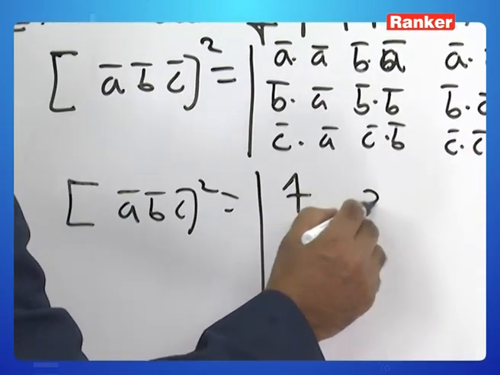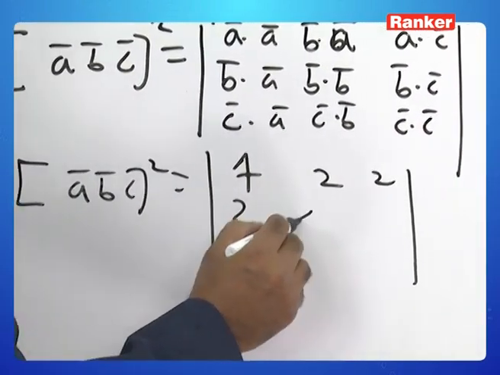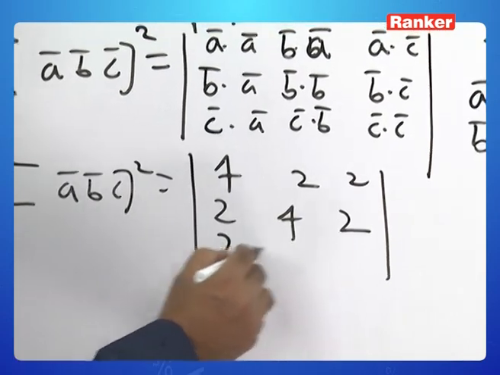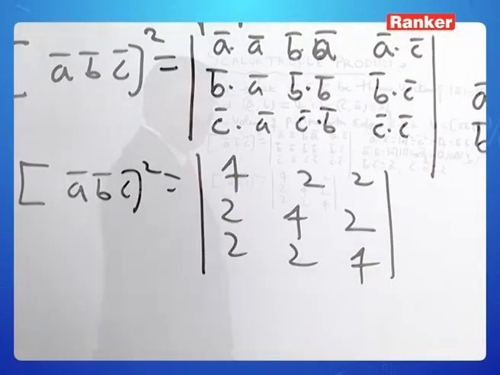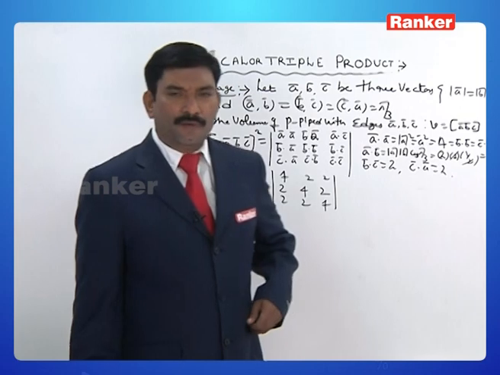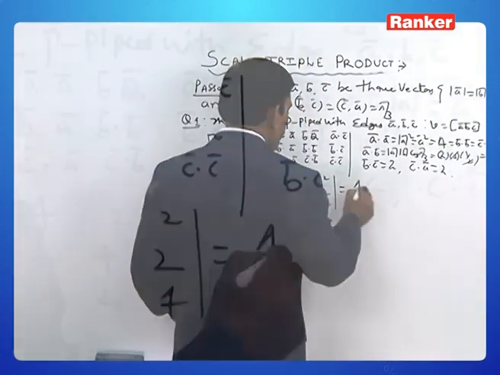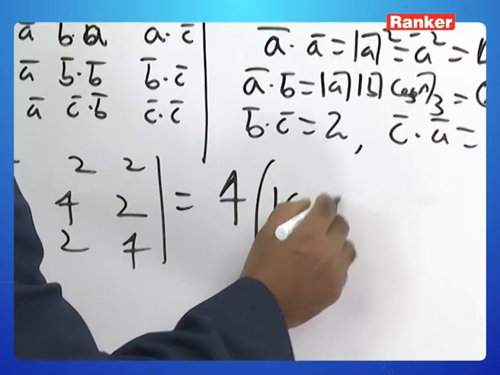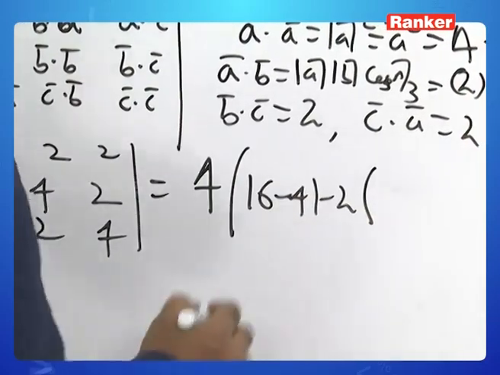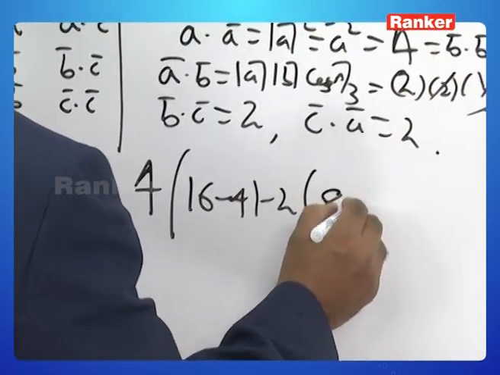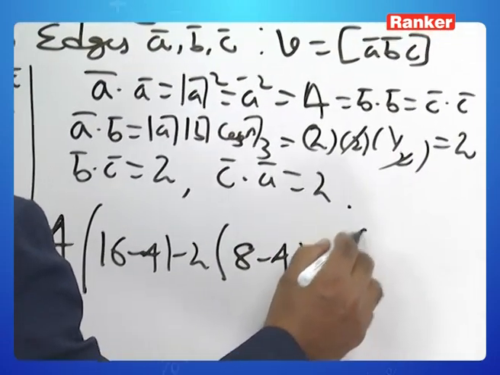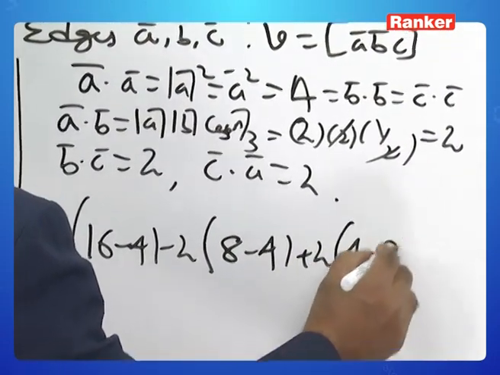It is equal to the determinant with rows 4, 2, 2; 2, 4, 2; 2, 2, 4. Followed? Now this is 4 into 16 minus 4, minus 2 into 8 minus 4, plus 2 into 4 minus 8.